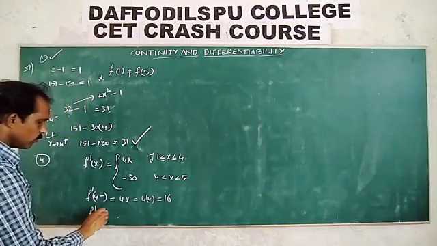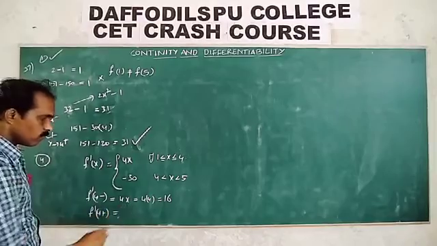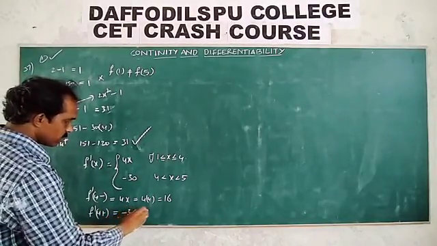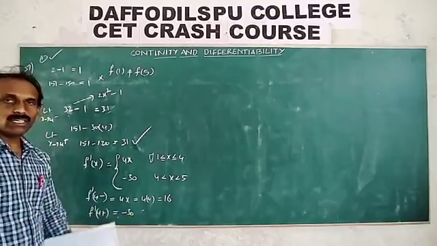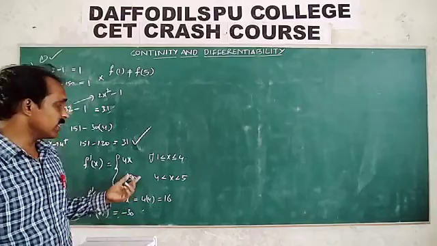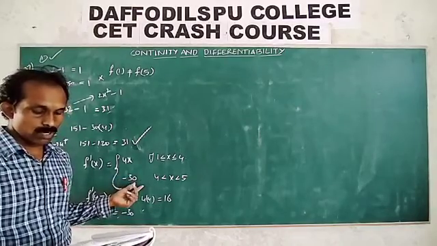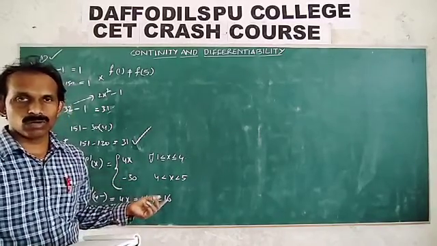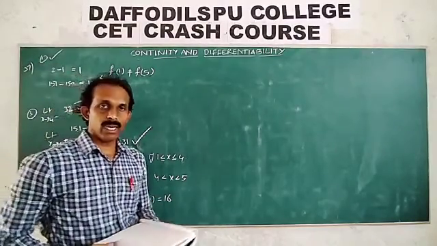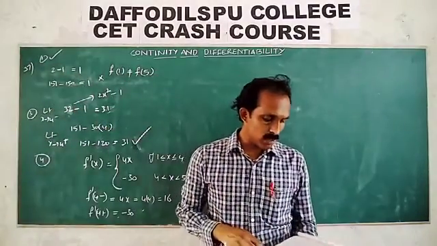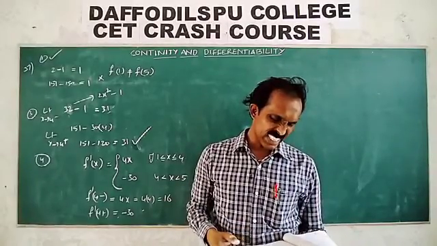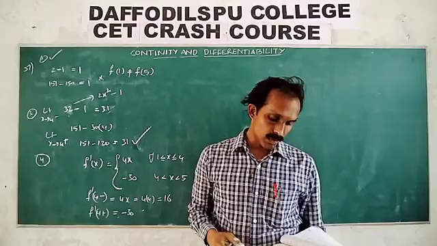What is f dash 4 plus? It is minus 30. So this is not equal. So then f is not differentiable at x is equal to 4. So it is not suitable to apply Rolle's theorem. So the fourth option is the correct answer.